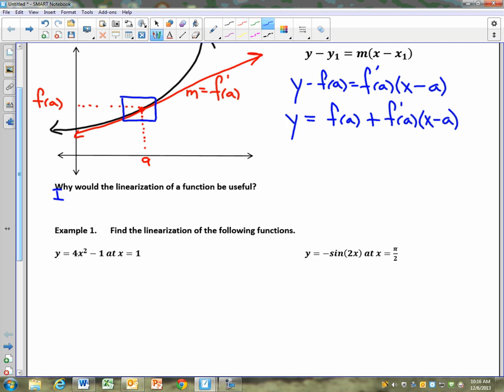It is sometimes difficult to evaluate certain functions.